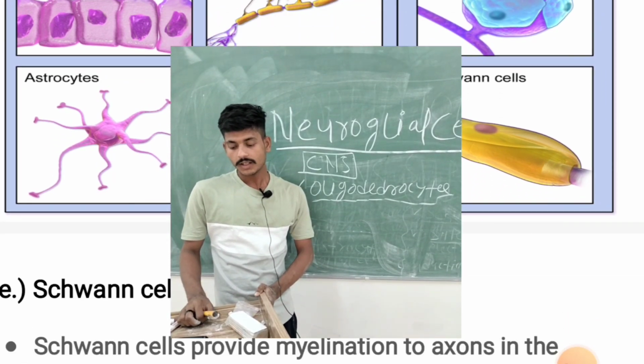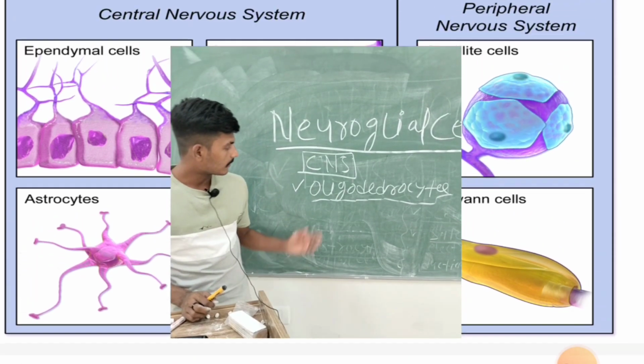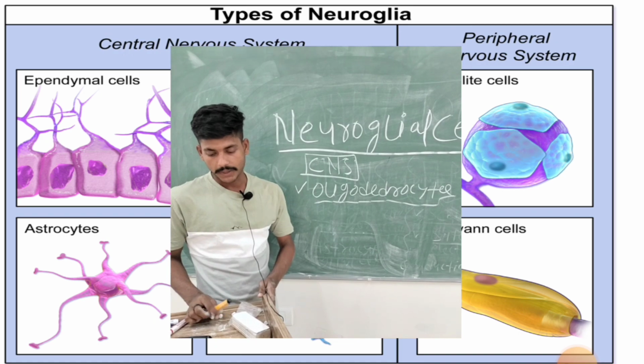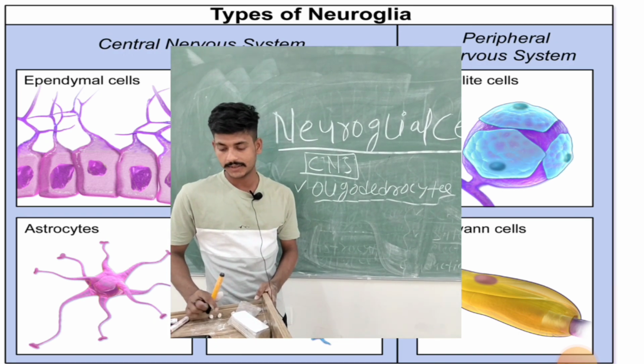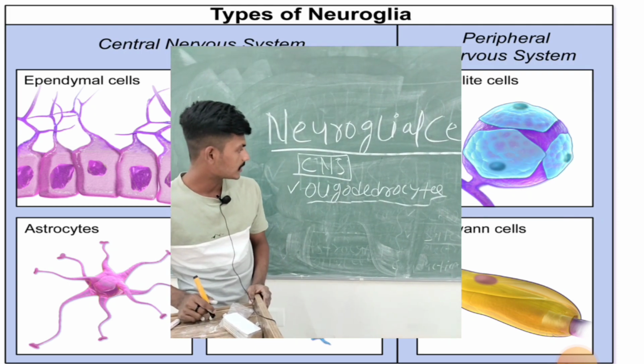Another disease caused by the involvement of these oligodendrocytes is called neuromyelitis optica. This is also an autoimmune disorder. It's a rare autoimmune disorder which targets the optic nerve.